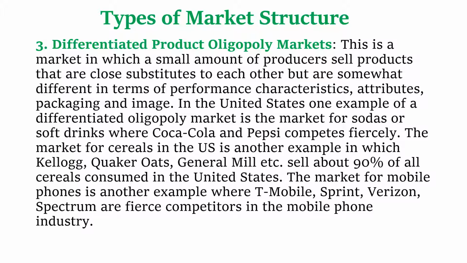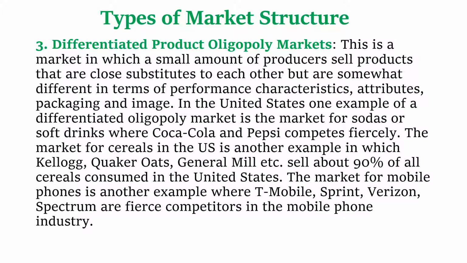If you look at the mobile phone industry, you have different brands of cell phones: the ones produced by T-Mobile, by Sprint, by Verizon, as well as Spectrum. All these firms produce cell phones and sell them to the general populace.